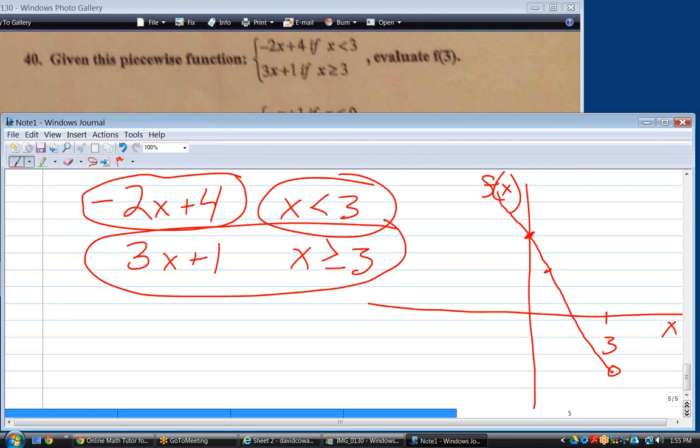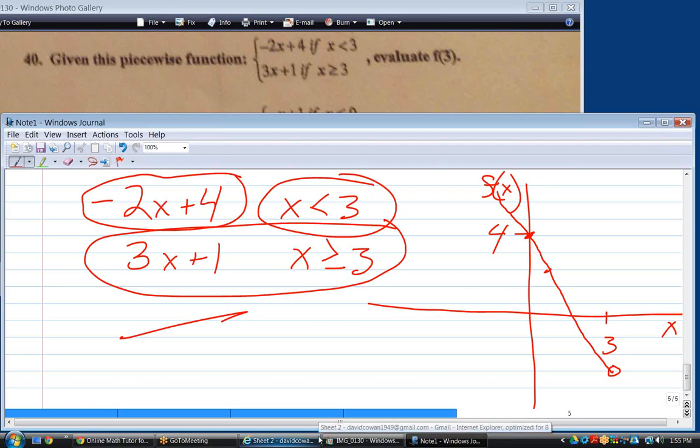When x is actually equal to 3, what is my function equal to? Plug it in. Plug in 3 into this function down here.